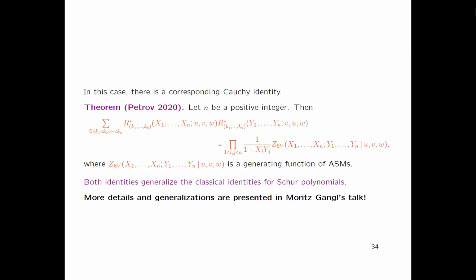In this case, you take the product of two such Robbins polynomials, and you get the product you always get for the Cauchy identity on the right-hand side, together with some 6-vertex configuration generating function. And both identities generalize the classical Schur and Littlewood identities.